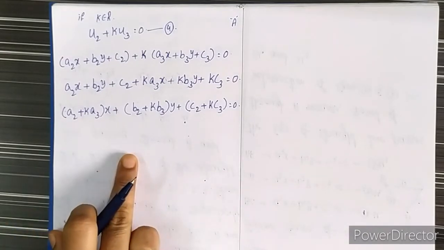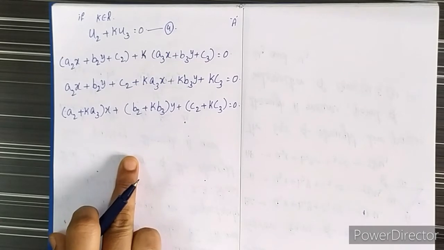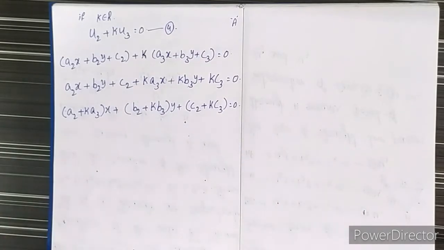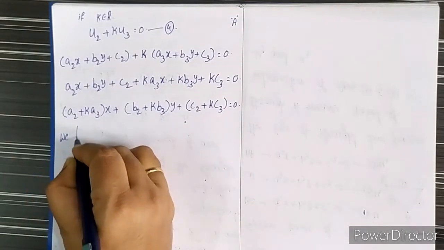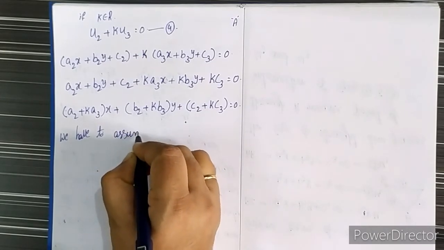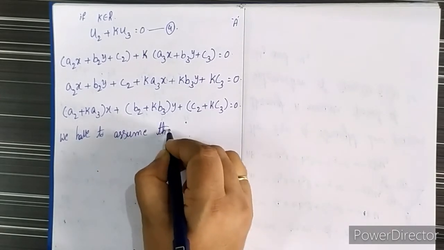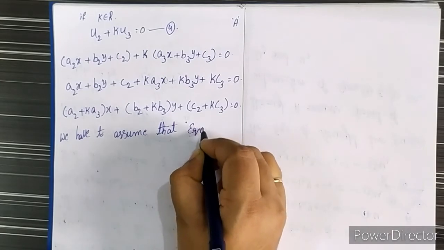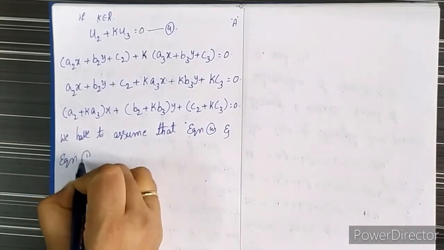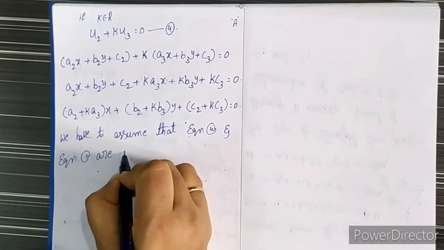That means in the problem, the straight line passing through point A and bisecting the side BC is the required line. For that we have to assume that equation 4 and equation 1 are parallel to each other.